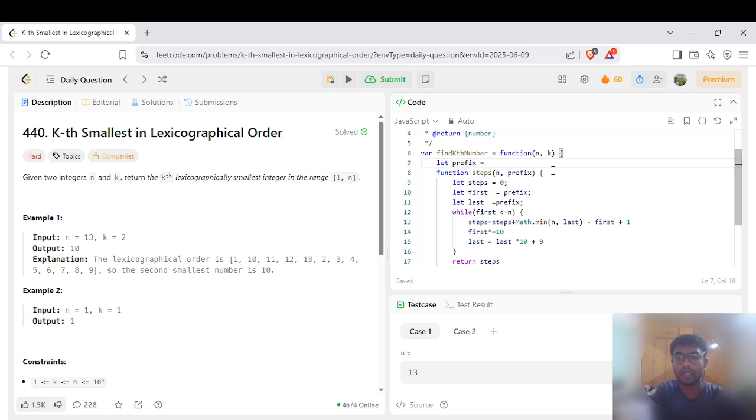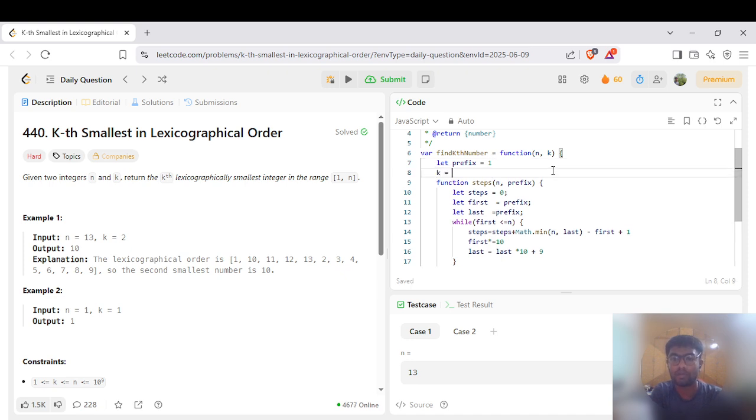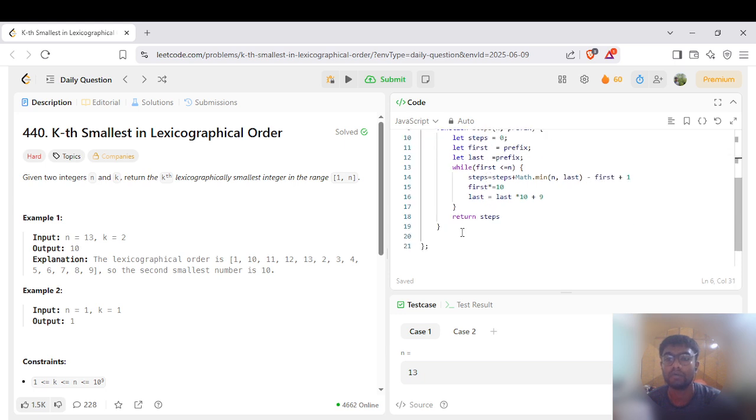So this will be our starting point for the number, and then we will also make sure the index that we are looking for, k minus 1, will be the index from the lexicographical items.